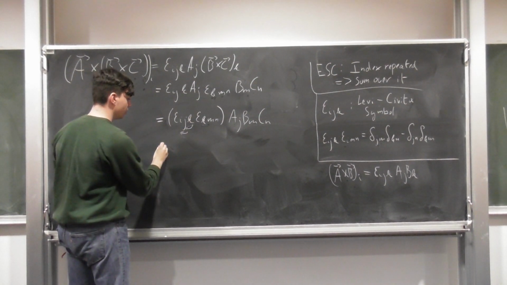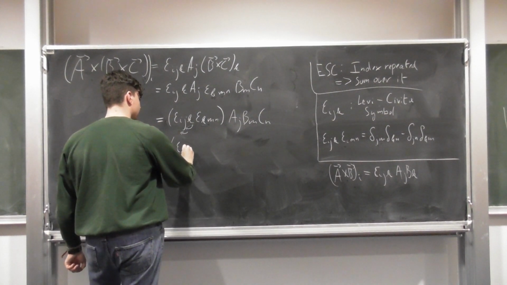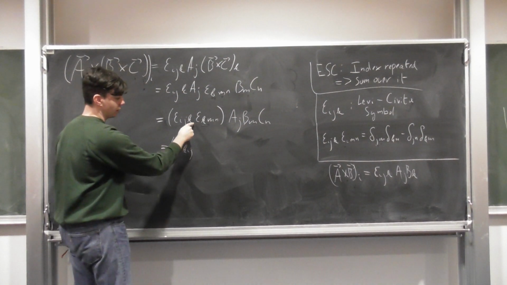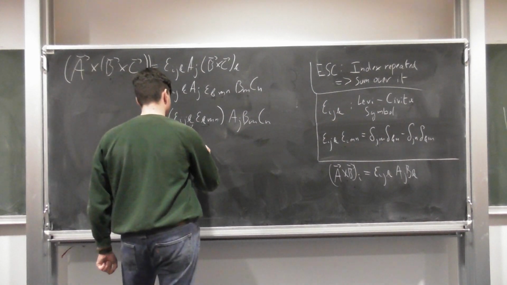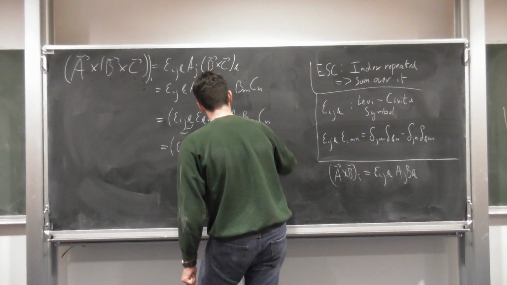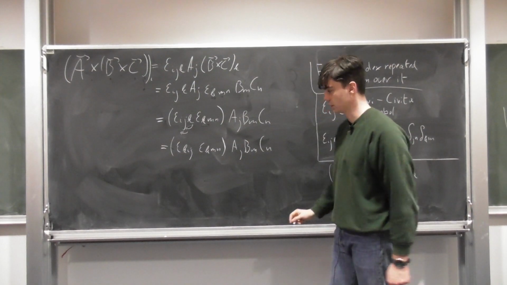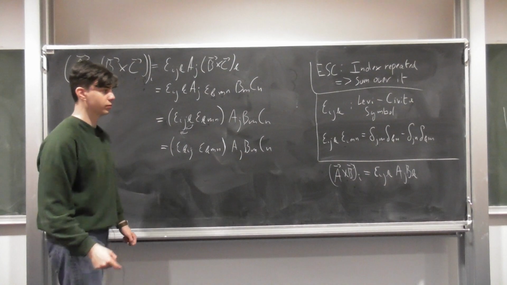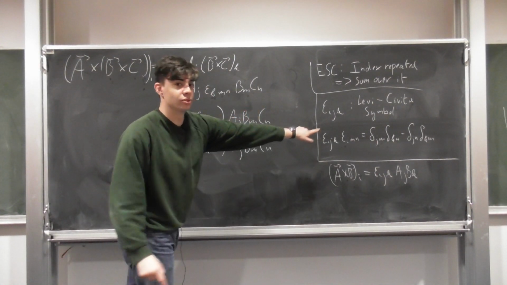So I'm going to do that now. I'm going to rewrite this as epsilon kij. So if you think about it, I switched k and j, and I switched k and i. And then epsilon kmn aj bm cn. I haven't changed these. Okay, now what do we do? Well, we're just going to plug in our identity, and we're going to be very careful with what we write for this, because I've changed the indices now.